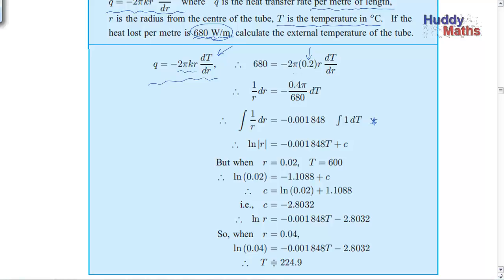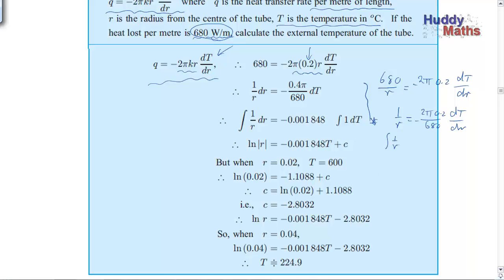So here, dividing both sides by R, we would have 680 over R equals 2 pi times 0.2 dT by dR. They've put the 680 over the other side, so we'll do a similar thing here. 1 over R equals 2 pi 0.2 over 680. Oh, sorry, got a negative there. dT by dR. But they've set it out slightly differently here.